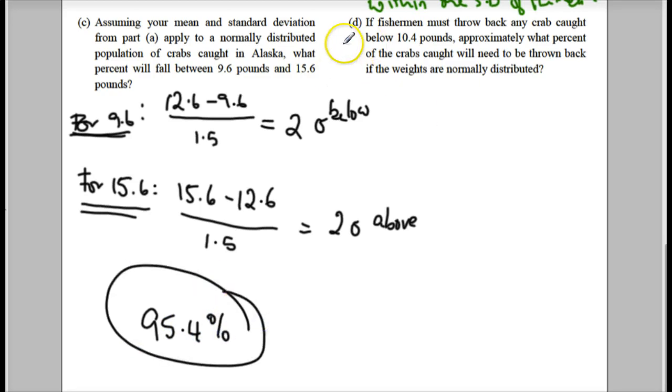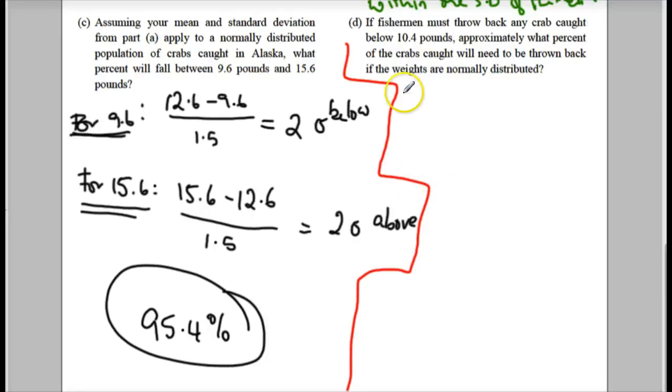Now, the last part, which is D, if fishermen must throw back any crab caught between 10.4 pounds, approximately what percent of crabs caught will need to be thrown back if the weight is normally distributed? So 10.4, remember my mean was 12.6, take away 10.4 divided by 1.5, my standard deviation.